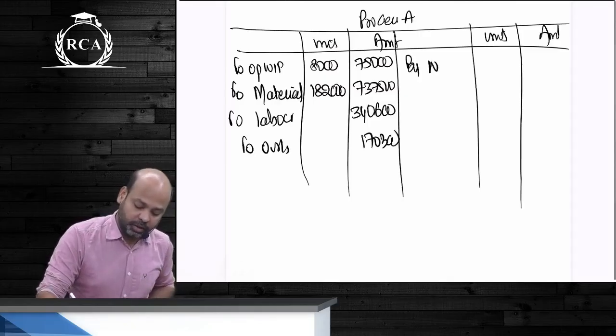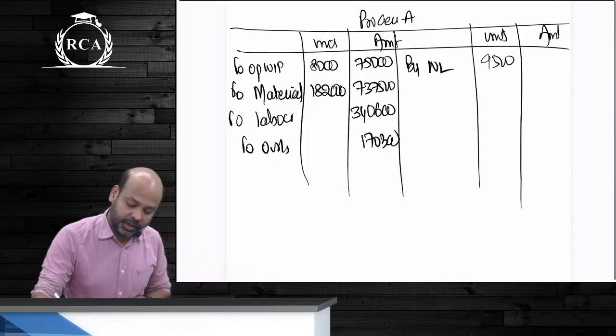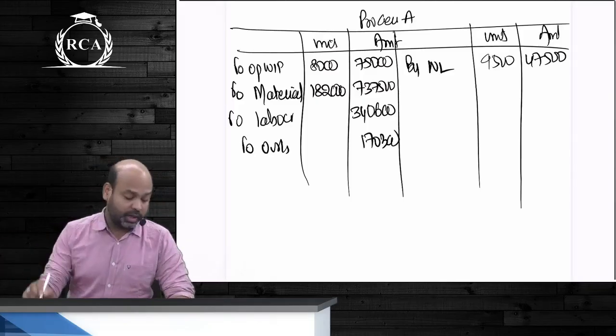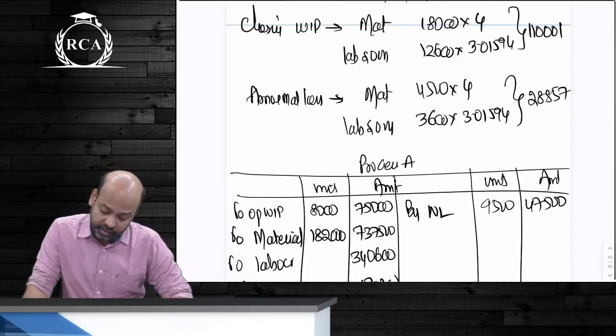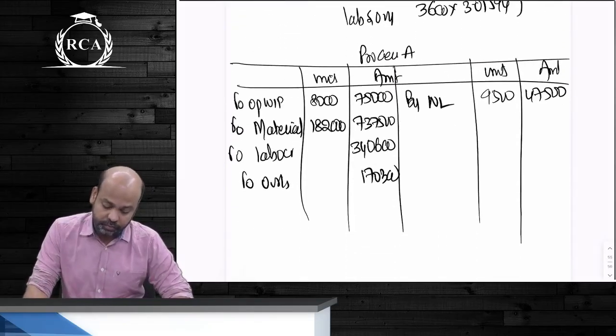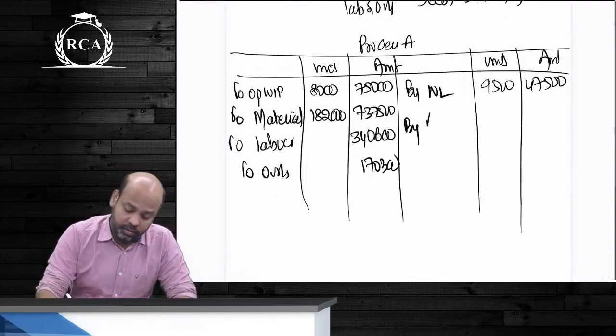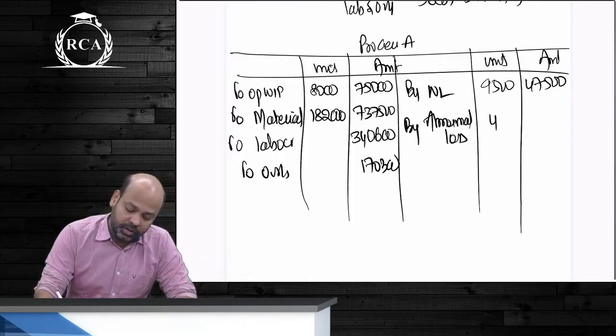By normal loss 9,500 units valued at 47,500. इसके बाद में बेटा you will arrive at the other values. Cost per unit कितना था? 7 rupees था ना. By, guys, abnormal loss. How many units beta abnormal loss? 4,500.